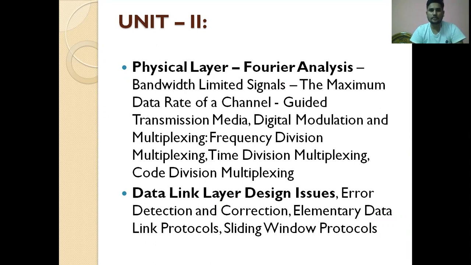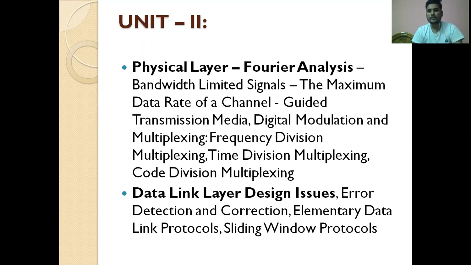This is the syllabus of unit number 2: the physical layer and Fourier analysis, bandwidth limited signals, the maximum data rate of a channel, guided transmission media and unguided transmission media, digital modulations, and different multiplexing schemes: FDMA, TDMA, and CDMA. These are very important in the physical layer aspect.